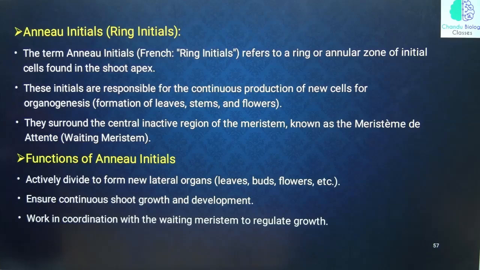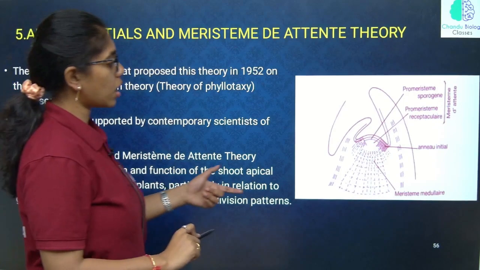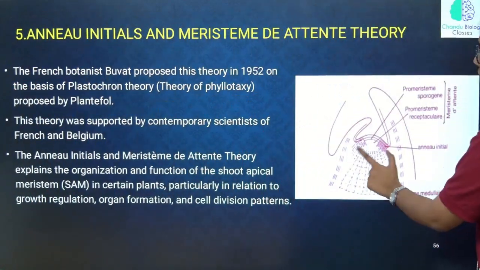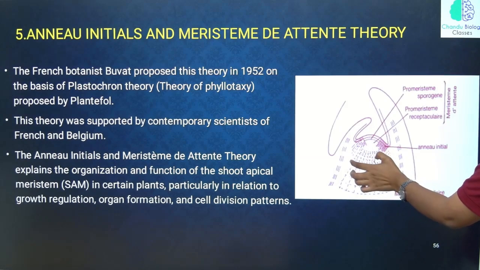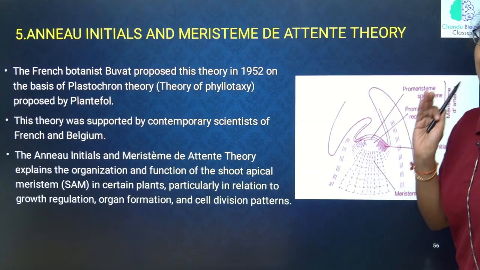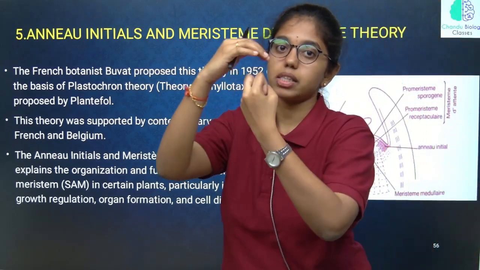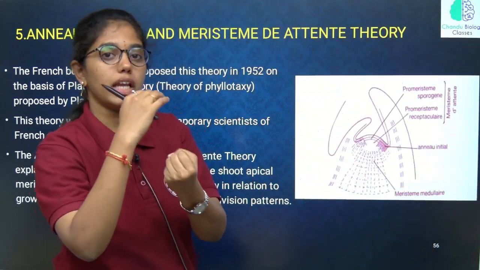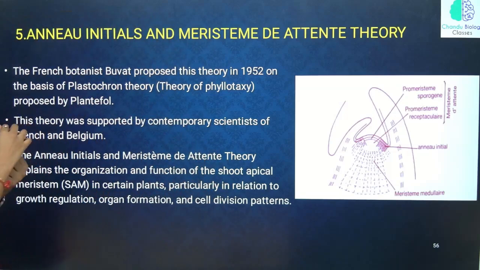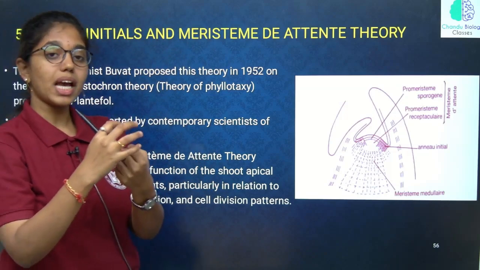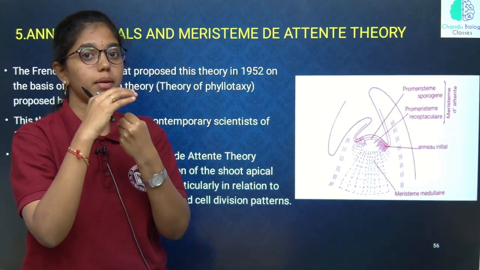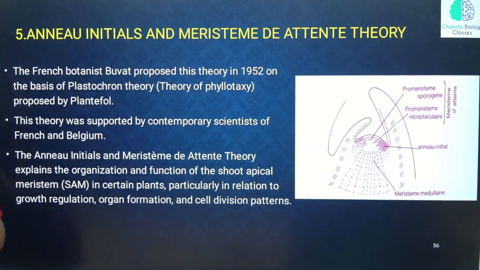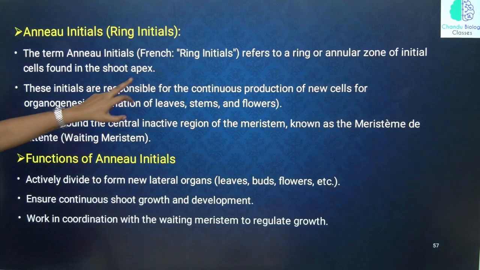Ring initials are called ring meristems, and they surround the waiting meristem. To be precise, the ring initials are covering the waiting meristems.